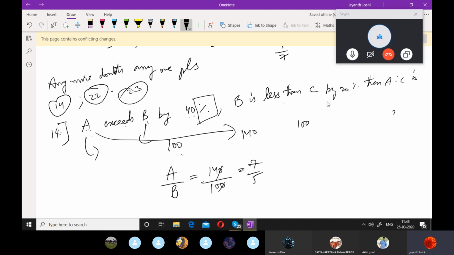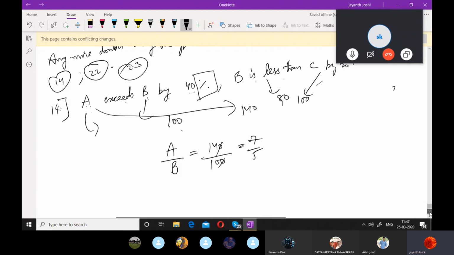If I take C, these are two different things. If I take C as 100, B is less than C, so B will become 80. So like that we'll get another ratio. B by C is equal to 80 by 100.